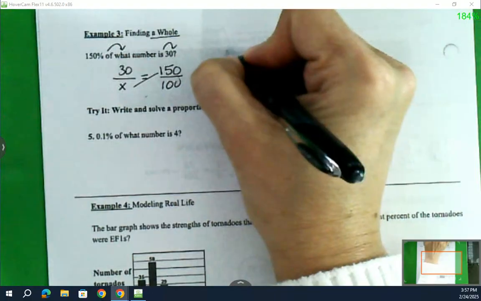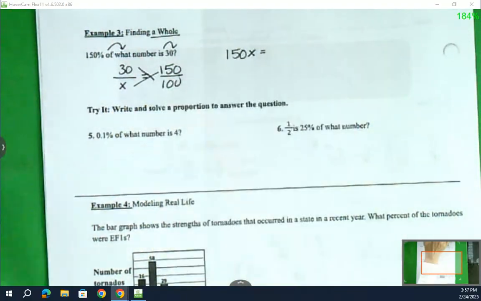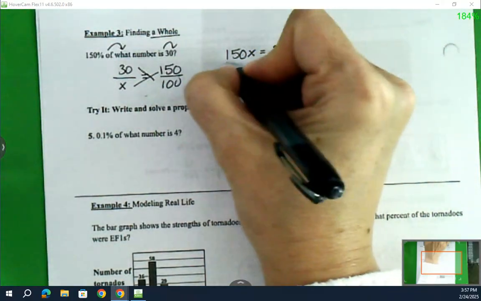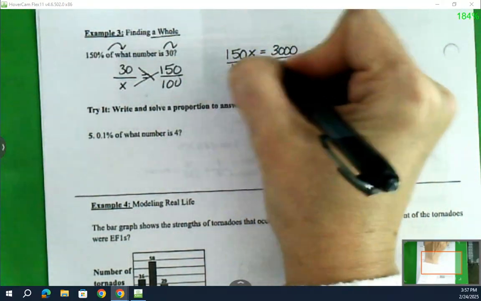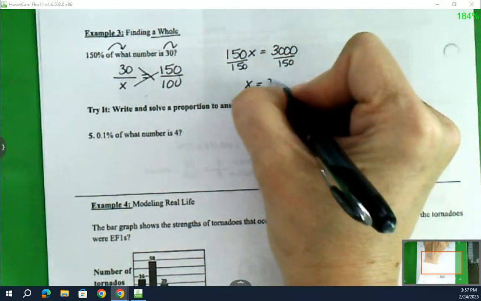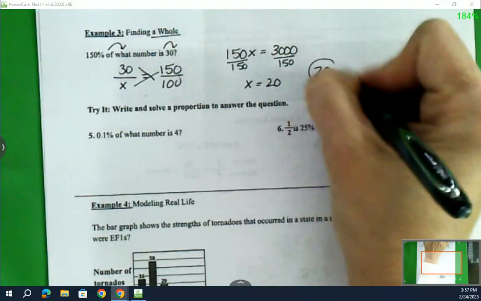Cross products again, 150 times x is 150x, and then we're going to do 30 times 100, which is 3,000. Divide both sides by the coefficient of x, the 150, to get x by itself, and x equals 20. And it says what number, so 20 is our number.